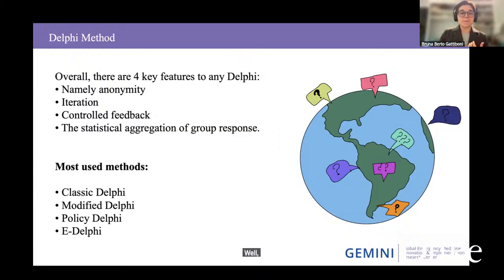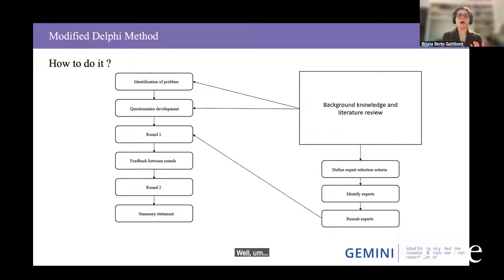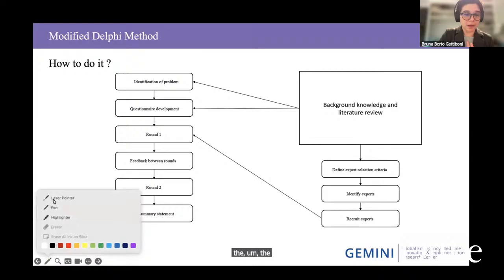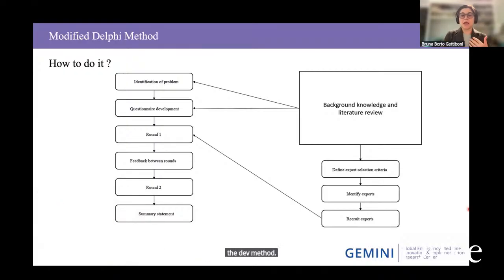Well, but how do you do the Delphi method? First, with a literature review or background knowledge, you identify a problem, and then you define who is your expert in this area and try to recruit these experts.